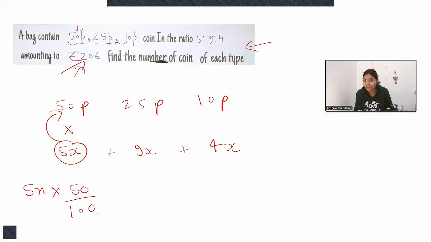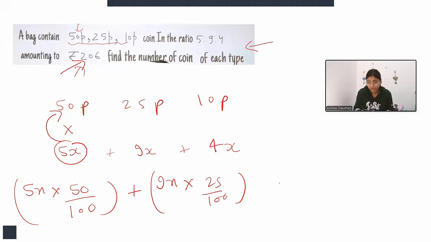So we need to divide by 100, right? So this is 5x rupees. Now this is rupees. Now plus 9x into 25 upon 100 plus 4x into 10 upon 100.